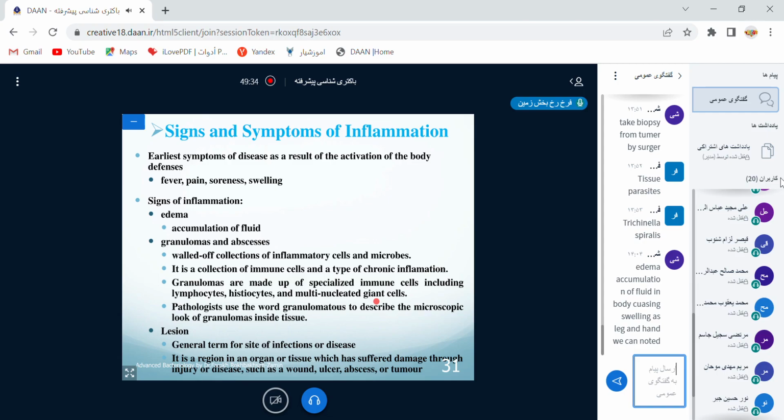They come here for war against the enemy. Pathologists use the word granulomatous to describe the microscopic look of granuloma inside tissue. So it is not cancer. Yes, it is a place of the war between bacteria and immune cells.